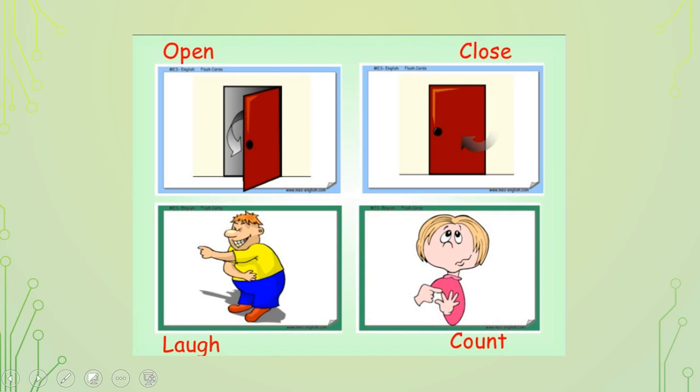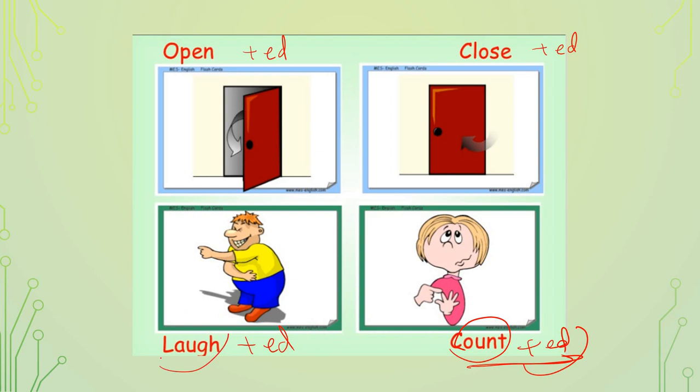Open will become opened. Close will become closed. Laugh will become laughed. Count will become counted. And this is the present tense and counted is the past tense. Laugh is the present tense. Laughed is the past tense. Open is in the present tense. Opened is in the past tense.